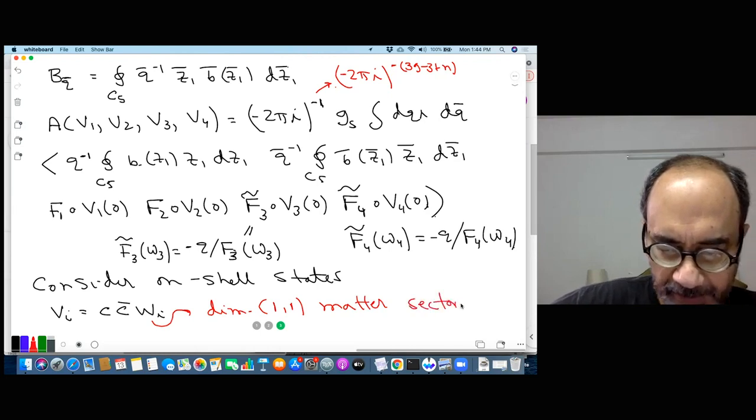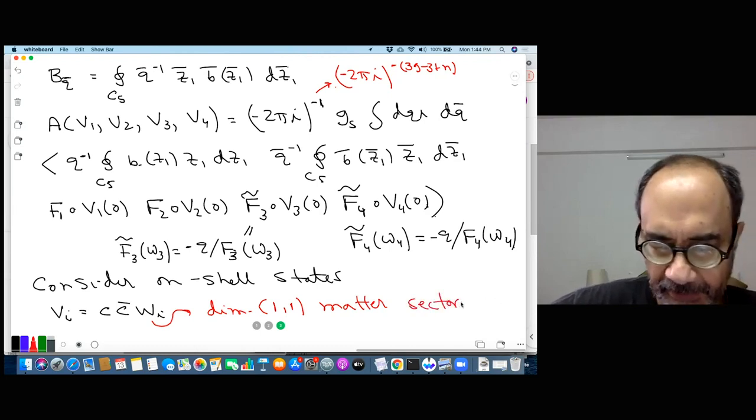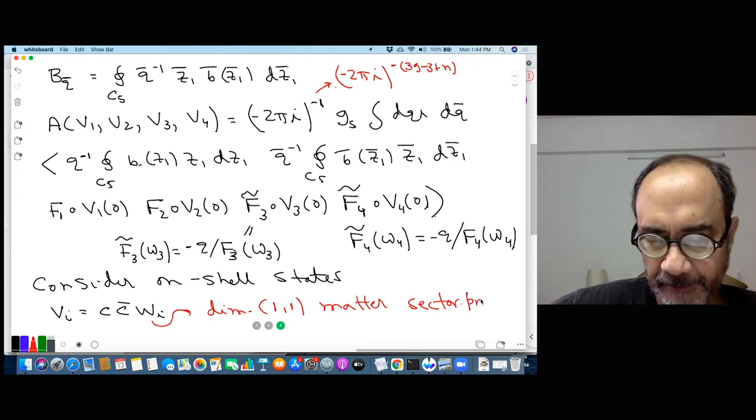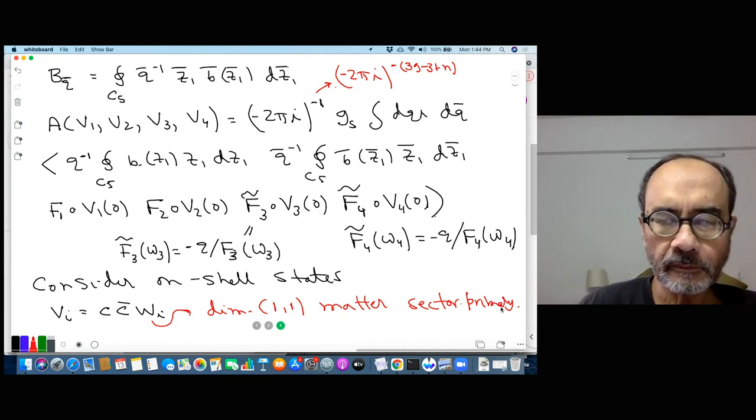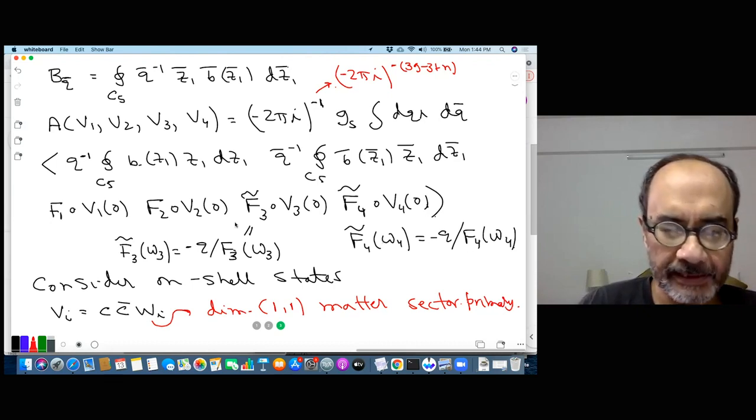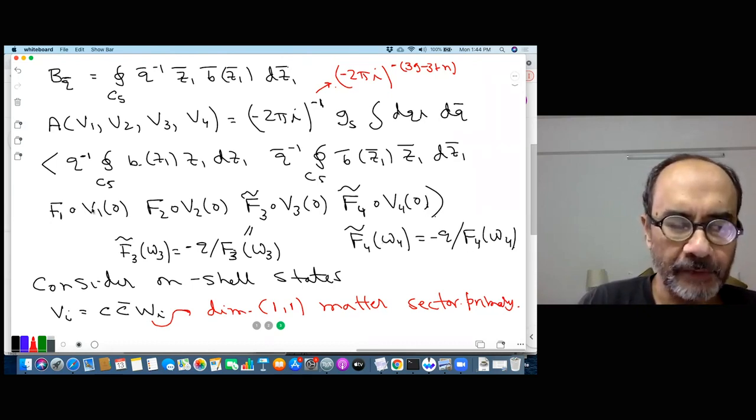Matter basically means it's made of x's and derivatives, and e to the i k dot x. So then f1 dot V1, because V1 becomes a dimension 0 primary, just becomes V1 of f1(0).